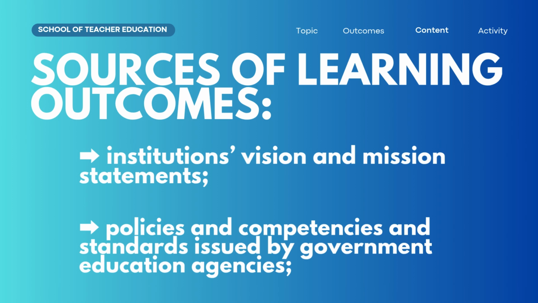For example, the program outcomes and competencies issued by agencies such as the Commission on Higher Education and the Department of Education, including also TESDA, the Technical Education and Skills Development Authority. They set the minimum expectation for professional and skilled workers.